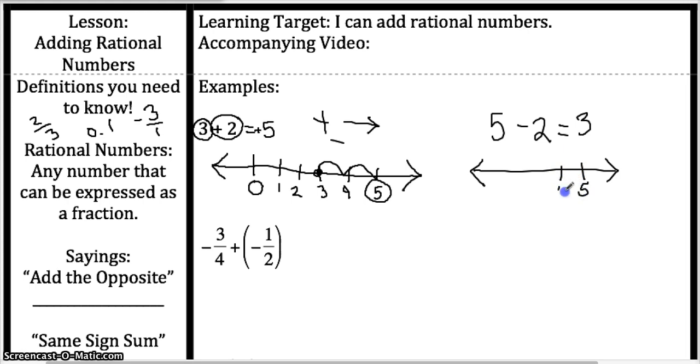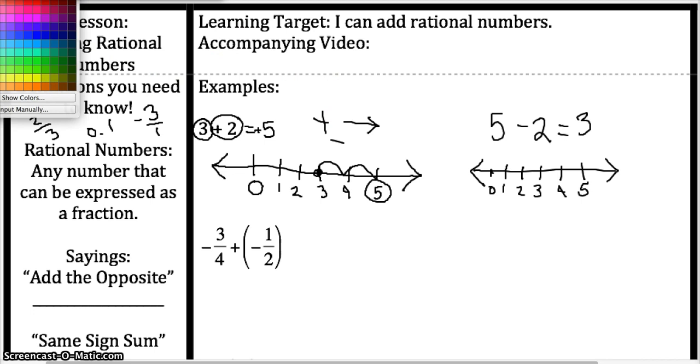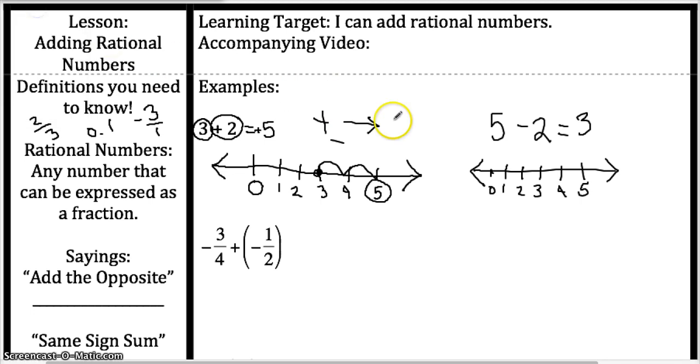You can draw this out with me too: 4, 3, 2, 1, 0. On my number line, I'm going to use a different color for this one. I would start at 5 right here, and I would jump back 2 spaces, and my final answer would be 3 right there. And that's how we know that with subtraction, we're going to be moving to the left.